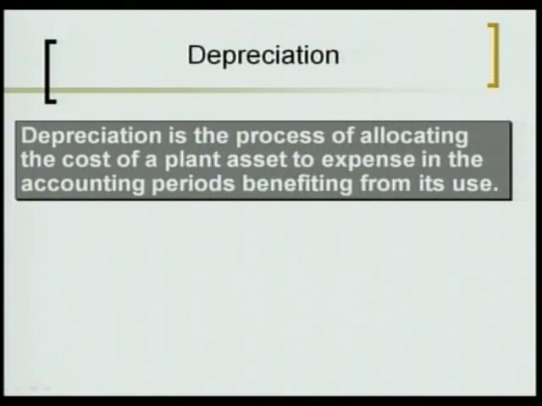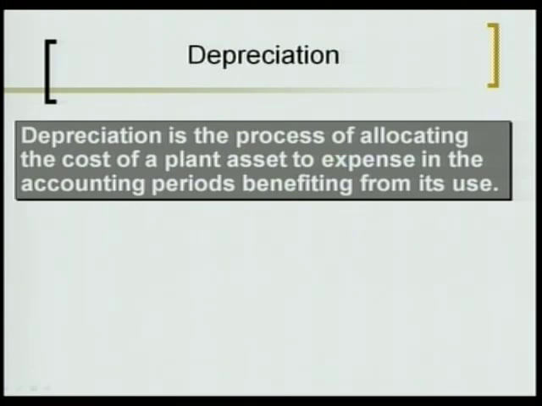Now, we talked about what depreciation is. And some people missed this on the test, but I had a test question that said depreciation is, and one of the incorrect options was to record the decline in market value of an asset. That sounds so good, but it's wrong.